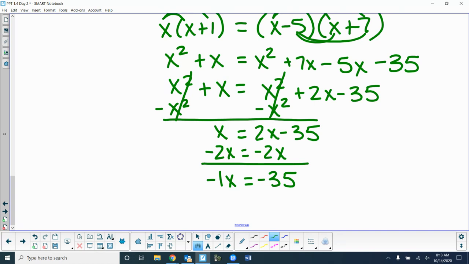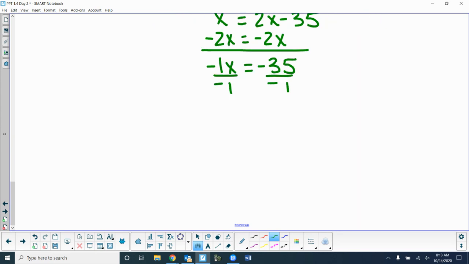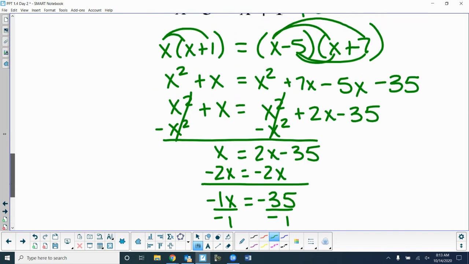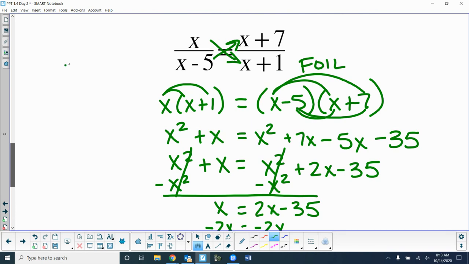So, am I finished? No, we got to finish it up, Ken. Divide by negative 1. Right. So we get 35. Negative divided by negative makes it positive. Now, again, we're supposed to go check the original. So go back to the original. We got 35.